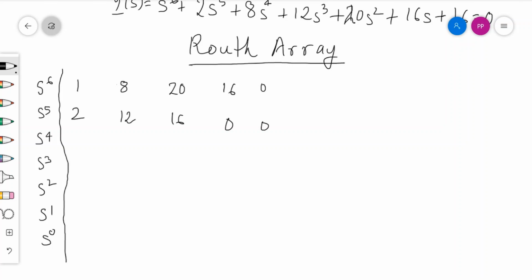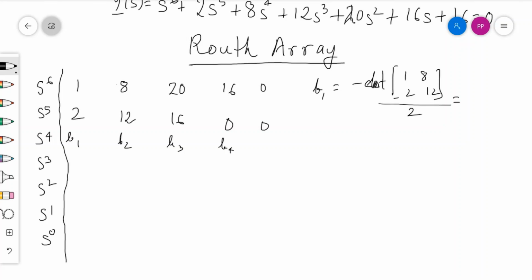So let us start calculating from b1. So we have b1, b2, b3, b4 like this. When you estimate b1, it equals minus determinant of the matrix of 1, 2, 8, 12 divided by 2.